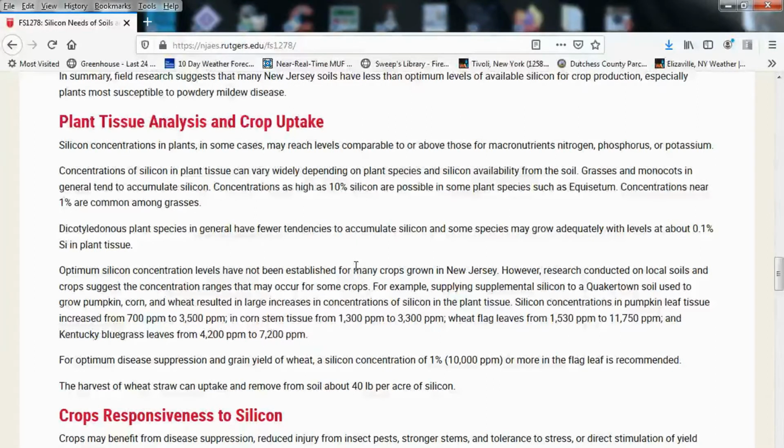And I will say this regarding plant sap analysis. In order to get an accurate amount of silicon in plant material, you could do that with the dry analysis. But the downside is that you don't get to see what all the actual nutrients in the plant sap are, and so you're not getting a complete picture.